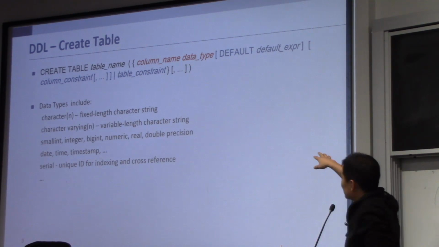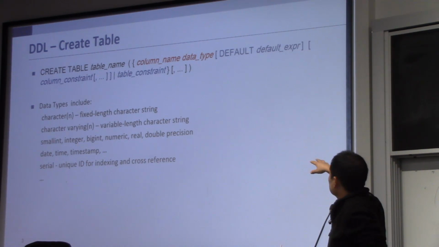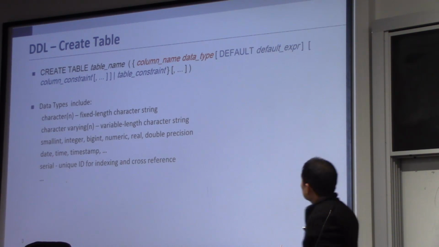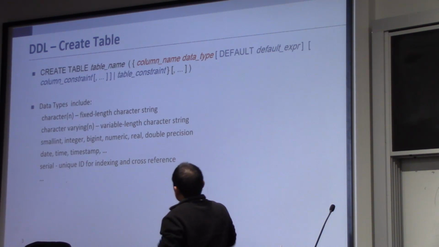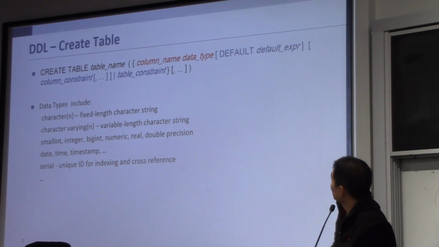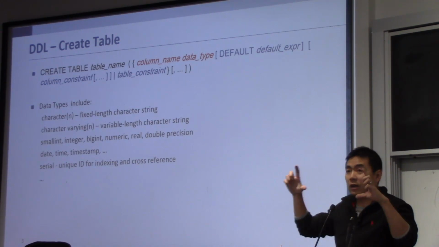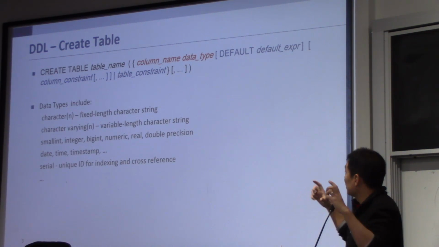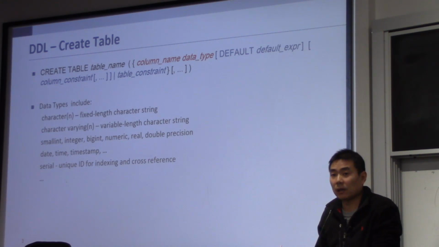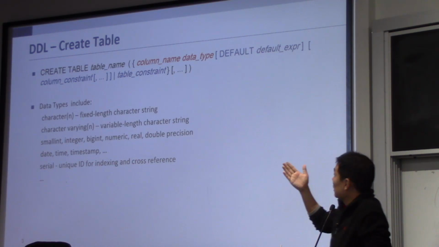By the way, this is written using regular expression format. Curly bracket means a set. A square bracket means that's optional. That means optional. You can supply or you don't have to supply some expression there.